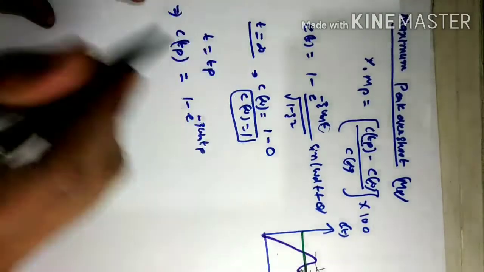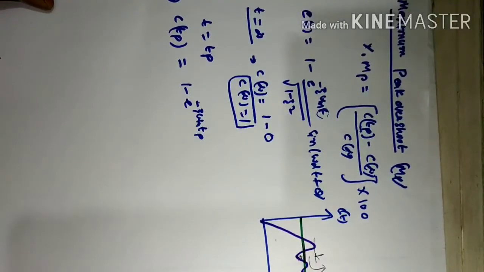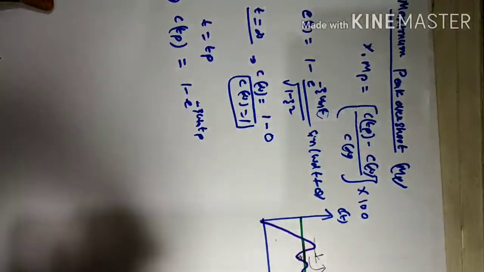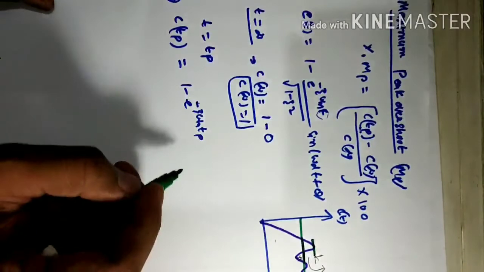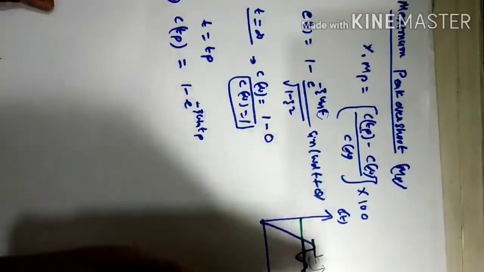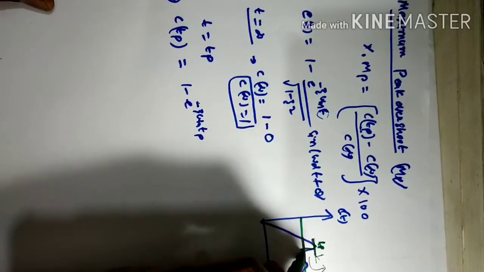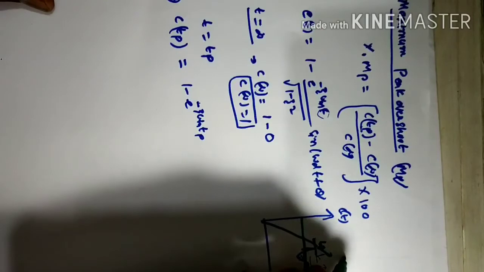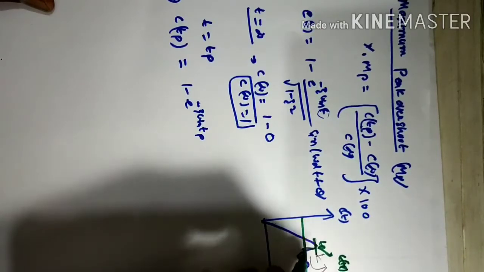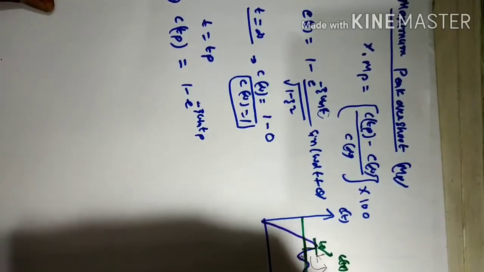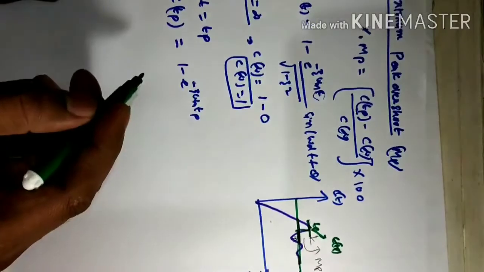In percentage we are going to find the expression for this. This is tp and this response reaches infinity, so that is C infinity. This is C(tp), and the final response is C infinity when t approaches infinity.